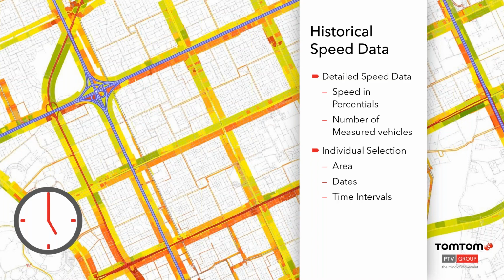So maybe for peak hours that you want to define in your area. And this is also possible since more than 10 years now, from HERE as well as from TomTom, like in this example.